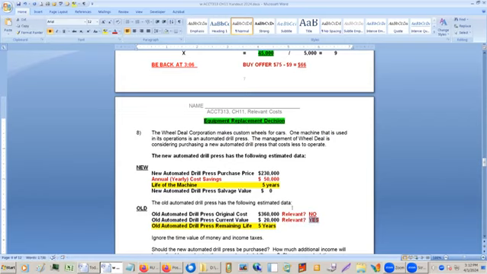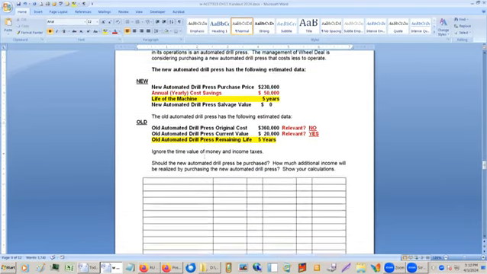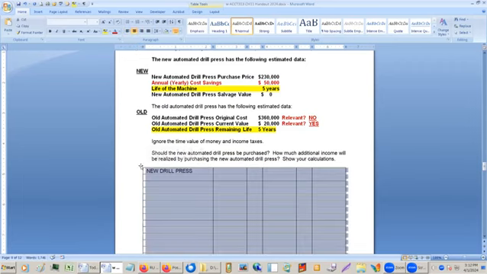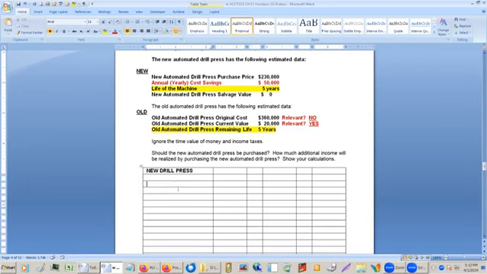Okay, so let's go through the cost of this thing. Okay, so the new drill press. So here's the new one. Okay, the new drill press.